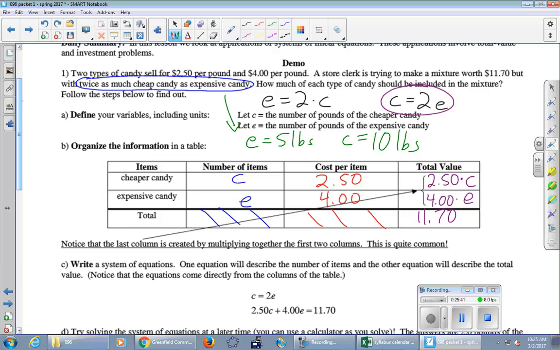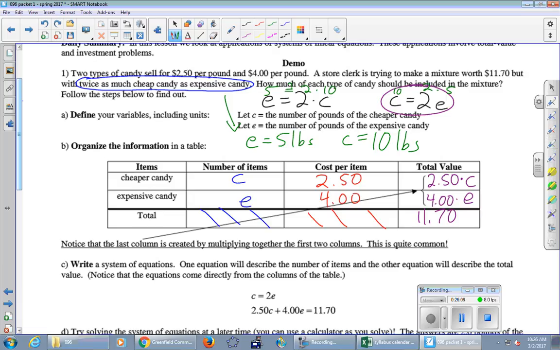If you try plugging in 5 for the E and 10 for the C here, is 5 equal to double 10? No. But over here, 10 is the C, 2 times the 5. Is that true? It is. Don't guess. Pick a number. If you pick a number, you'll definitely get the right relationship. Okay, so one equation is right there, C equals 2 times E.